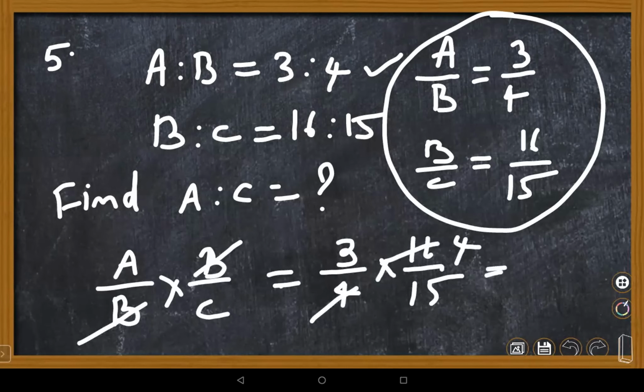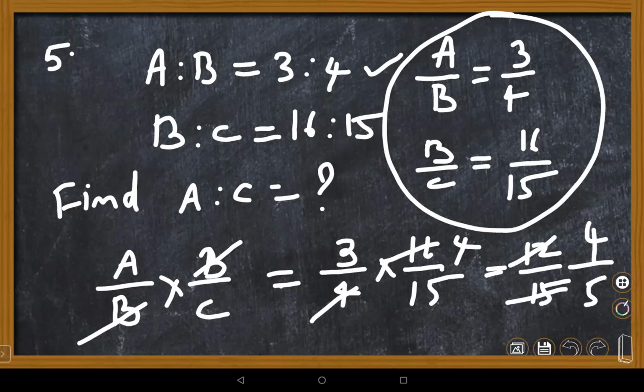So this is 4 3s are 12/15. 12/15 we can reduce again. 3 4s are 12, 3 5s are 15, so it will be 4:5. Very simple technique, children. Just multiply the two things so that you will get 4/5.